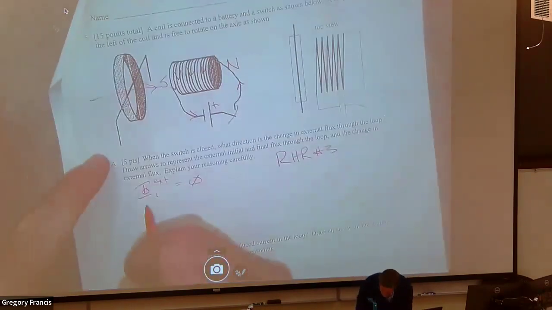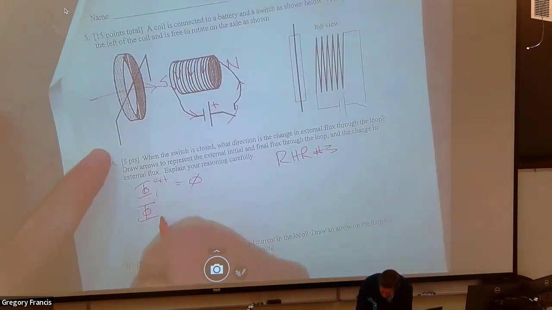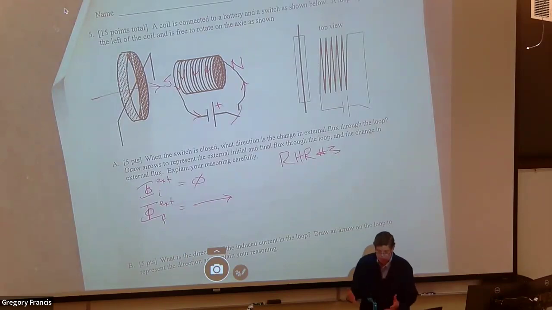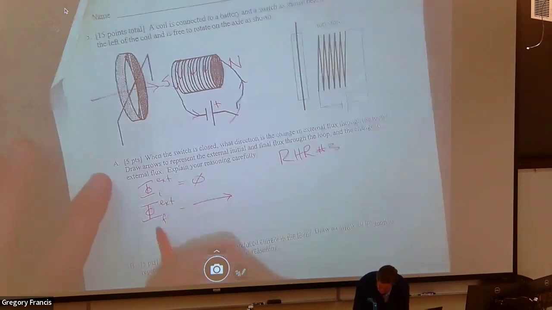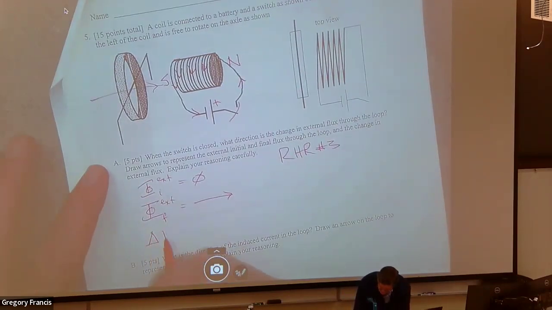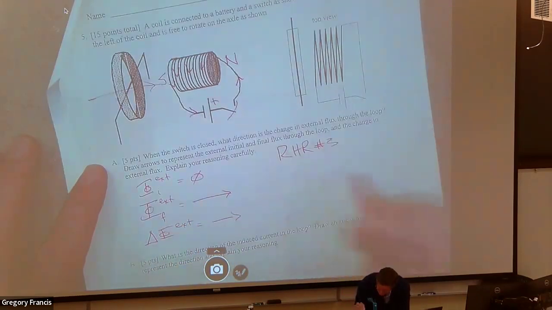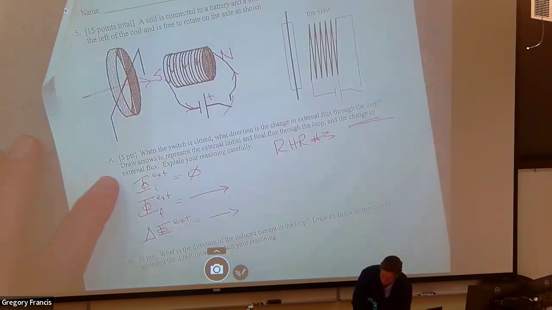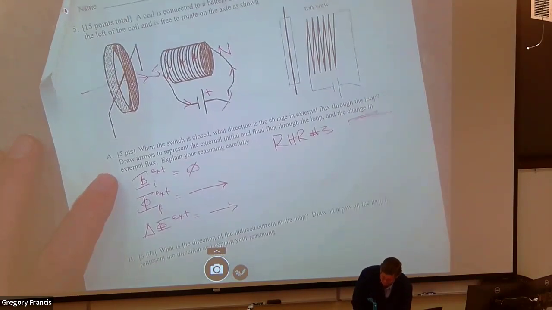So my final external flux is gonna be to the right. What I care about is the change. What do I have to add to nothing to get something to the right? That would be something to the right. And that's part A. Just find the change.